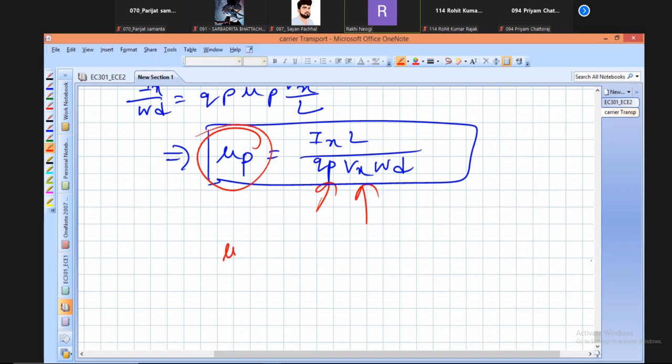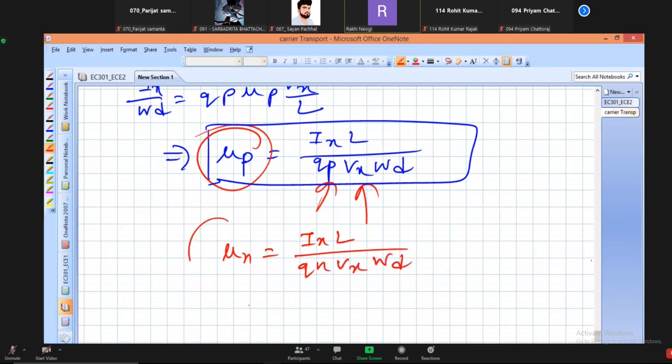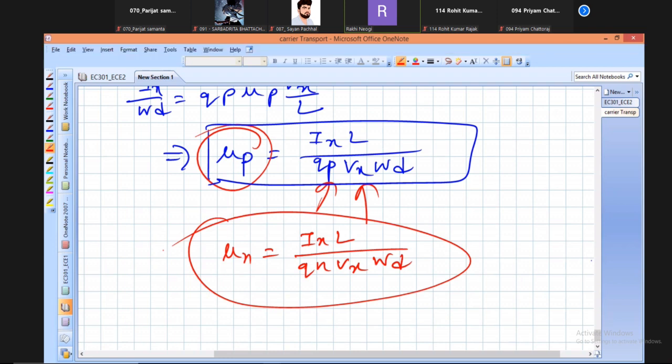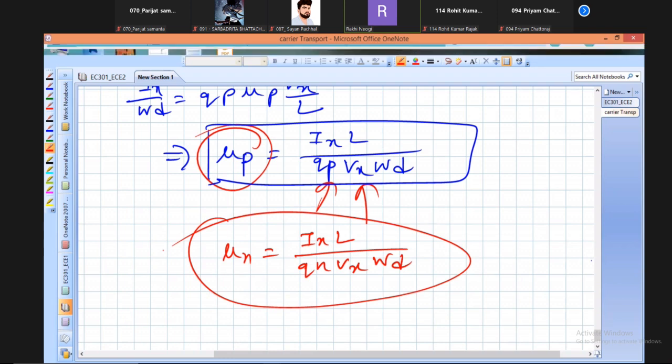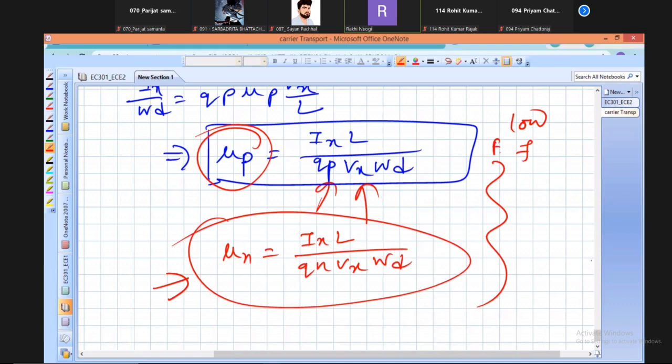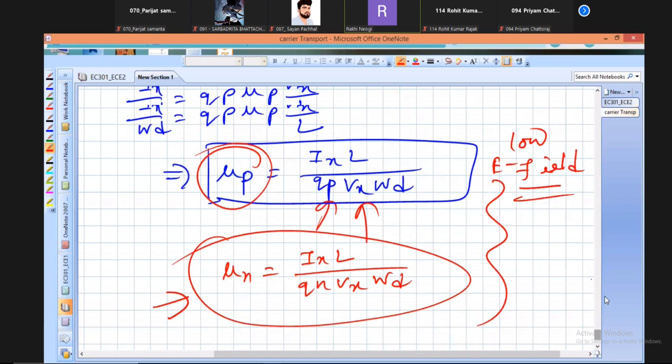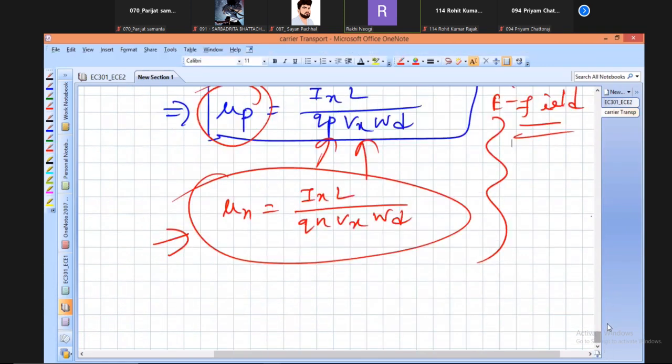Similar to that, for electron or n-type semiconductor, the mobility will be Ix L divided by Q N Vx into W D. Similar to that, I can write the majority carrier mobility. Remember one point here: whatever calculation I did here is under low injection. Because under low injection, I already mentioned in your previous classes, low injection.